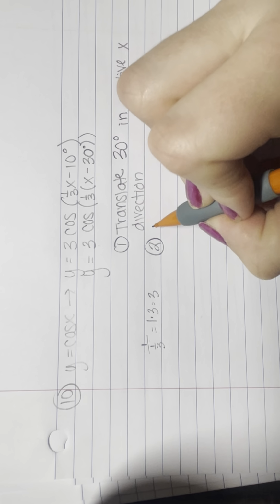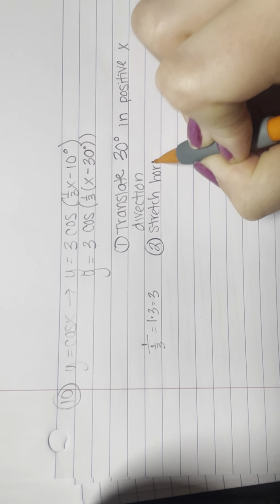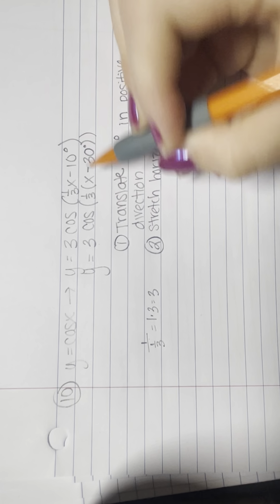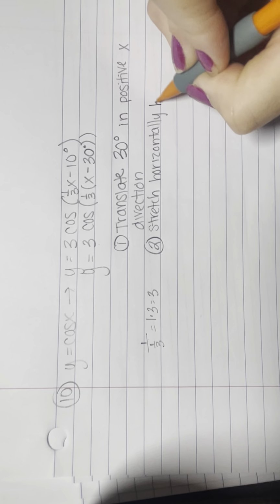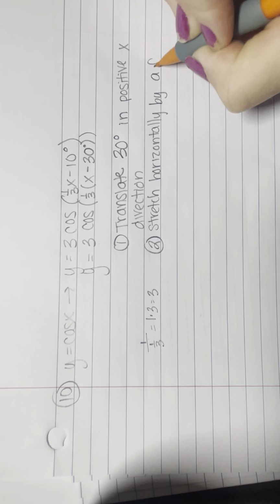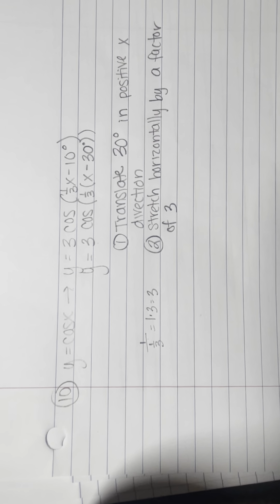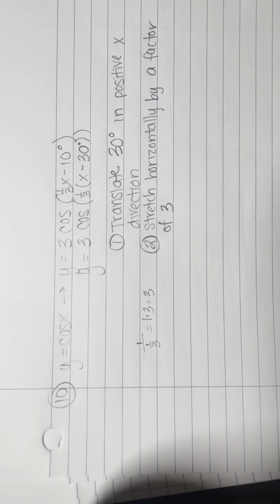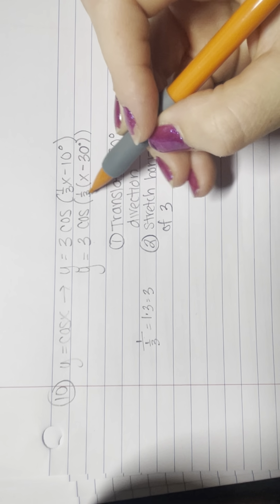So this is a stretch horizontally, because it's in there with the x, by a factor of 3. That is true for every horizontal stretch or compression: it's 1 over that value.